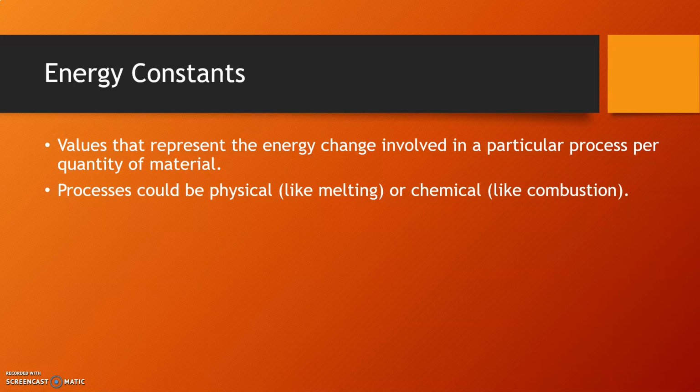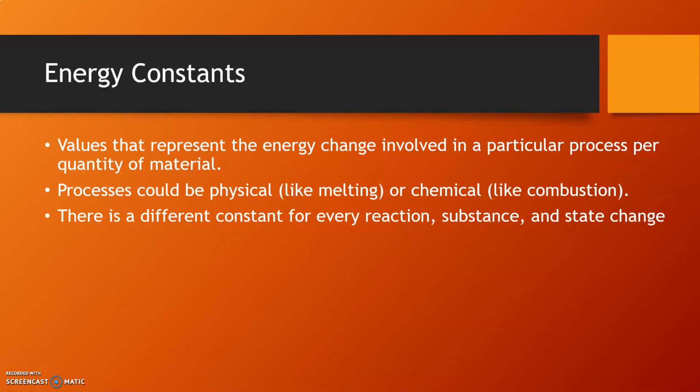These energy constants are going to apply to all sorts of processes. It could be a physical process like melting. It could be a chemical process like combustion. So if we were to melt candle wax, that's one constant. If we are going to burn candle wax, that's a different constant with a different numerical value and a different set of units even.